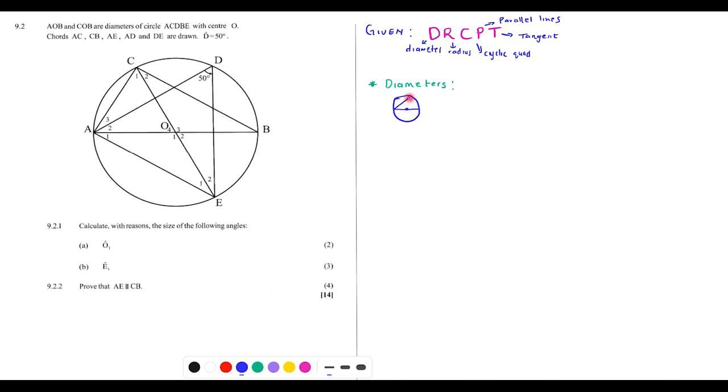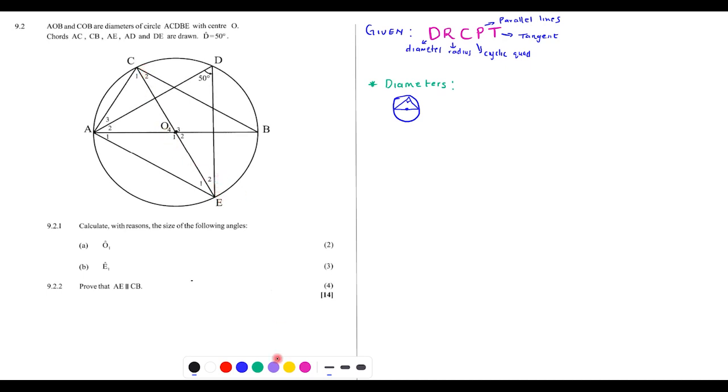We were told that AOB and COE, it was supposed to say COE, are diameters of a circle, because here we're told that this is the center. So AOB is a diameter and COE is a diameter.